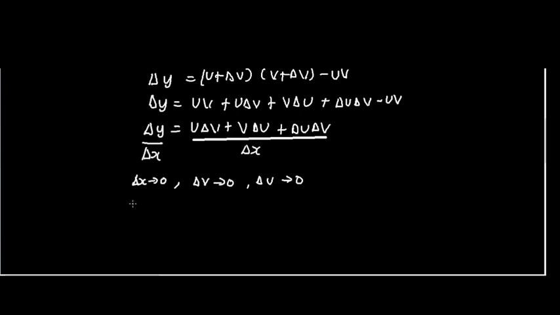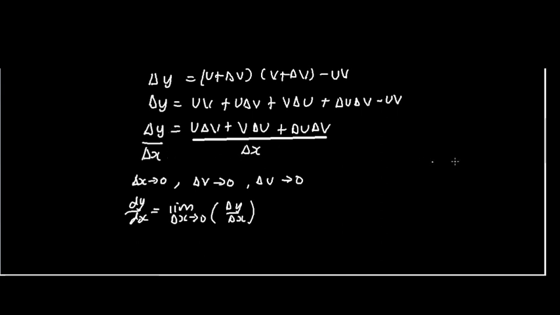But then we have these other parts. We can say that dy/dx equals the limit as change in x approaches 0 of change in y over change in x. When change in x approaches 0, this will just get to dy/dx.